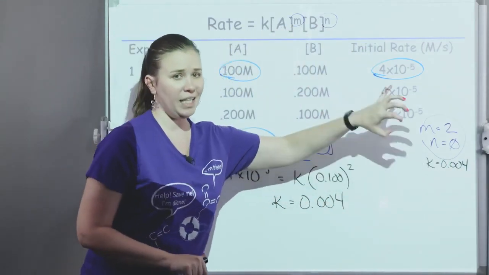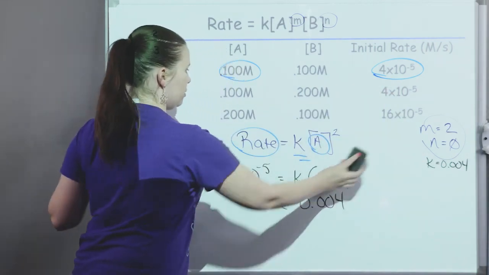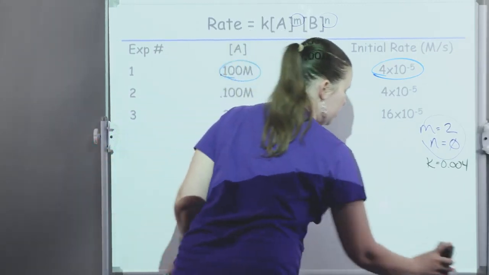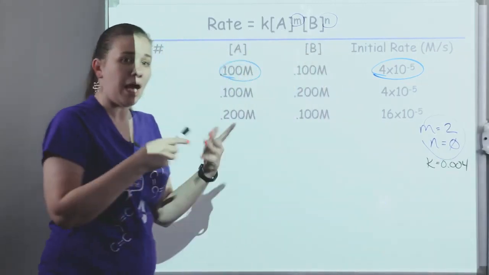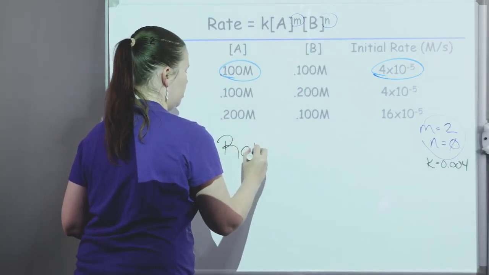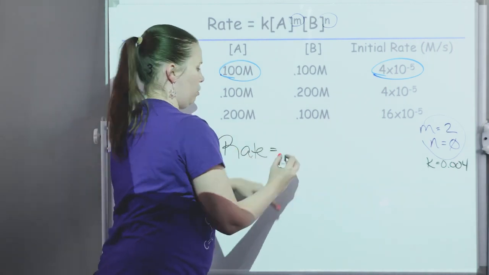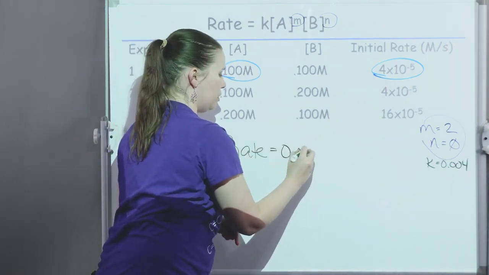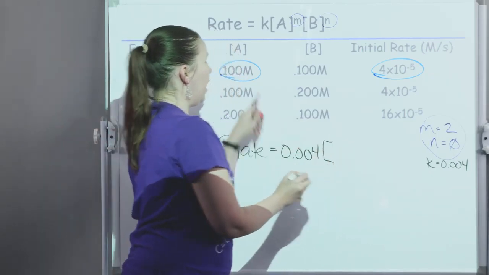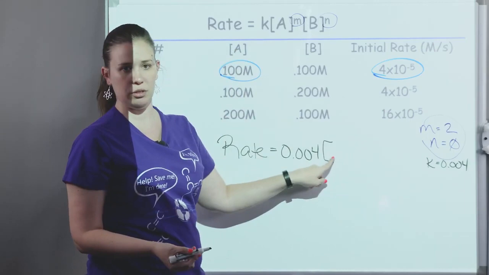Now, we have found everything we need in order to write the rate law. But you do still have to finish this up by writing the more generic version of the rate law, something that will apply to the reaction as a whole. So rate equals, remember we have to write that. Now we're going to bring in our K value that's unique to this experiment. Then we're going to bring in A. And now if it told me what reactant A was, I would actually write the chemical formula for that here.